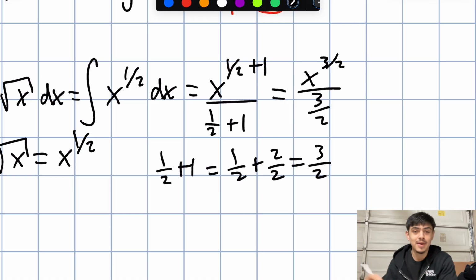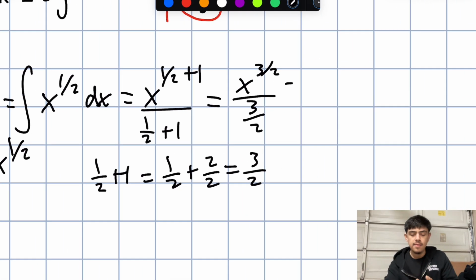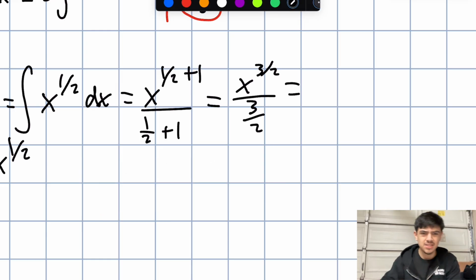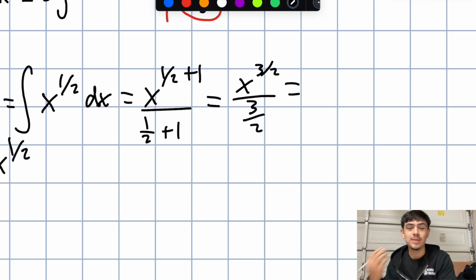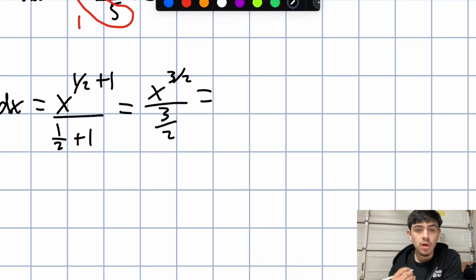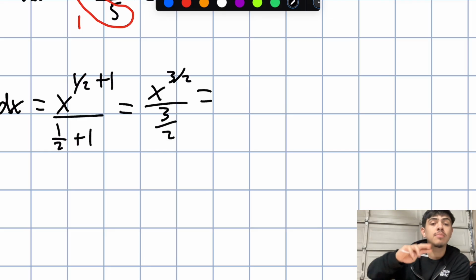It's always going to be the same as the power. And this is not very nice to look at, right? x to the 3/2 divided by another fraction. We don't like that. We can simplify this so it doesn't look like a weird fraction. Recall that dividing is the same thing as multiplying by its reciprocal, meaning flipping the fraction.